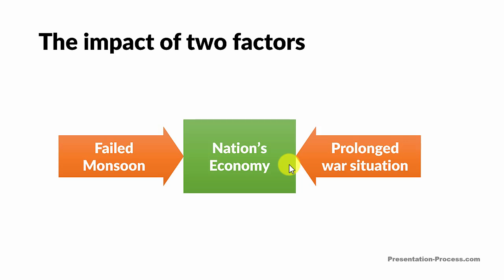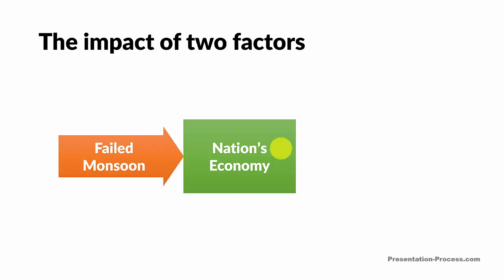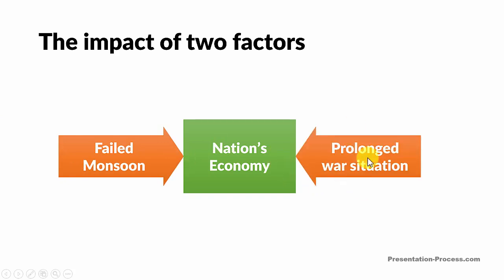Now take a look at the same animation now with bounce effect. First, I have the nation's economy shown, and then on first click, I have failed monsoon, this particular factor, coming in and bouncing around the edges, and then I have the next factor coming in and bouncing off the edges. Now let me show you a quick side-by-side comparison of the effect of bounce on the same animation.